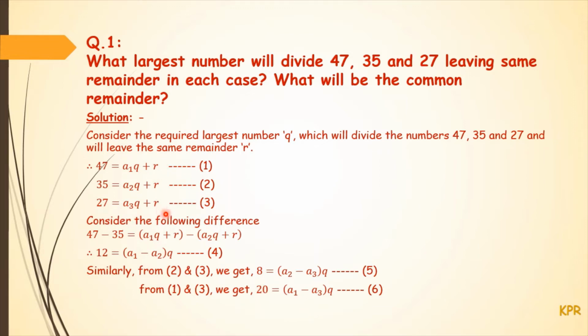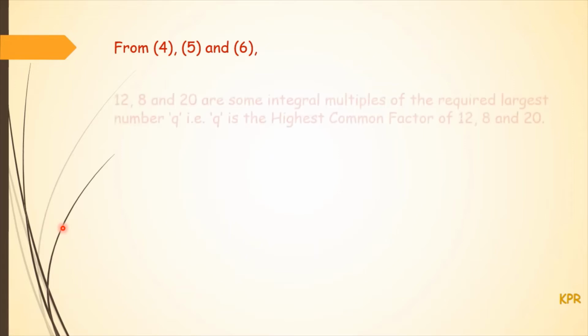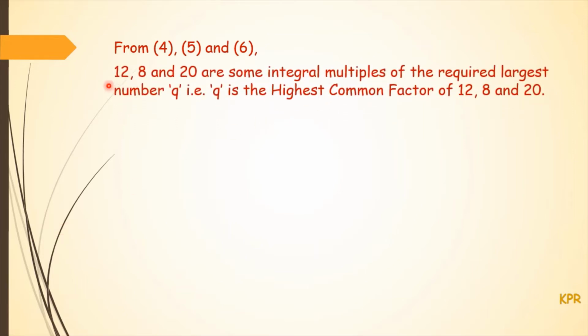R and R are cancelled, and on the right hand side I will have A1 minus A3 multiplied by Q. From the expressions 4, 5 and 6, we have observed that 12, 8 and 20 are integral multiples of the required largest number Q.